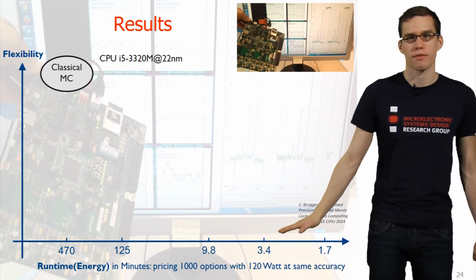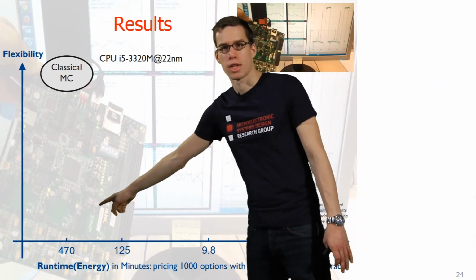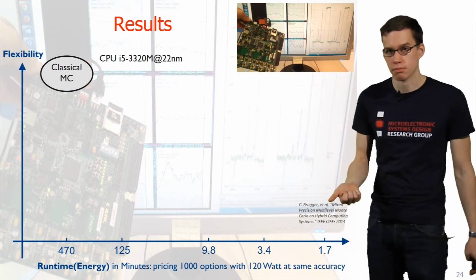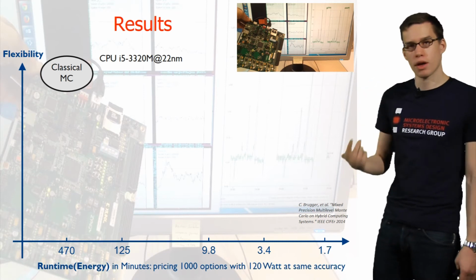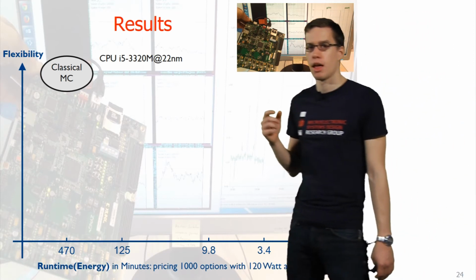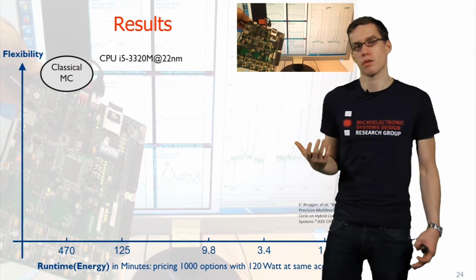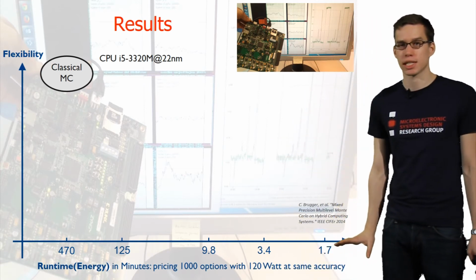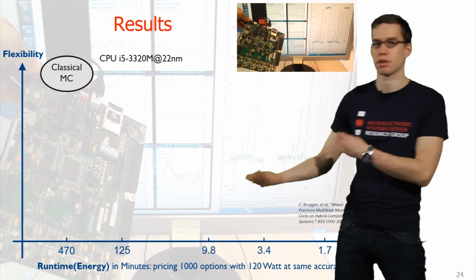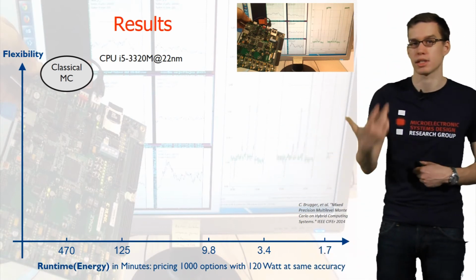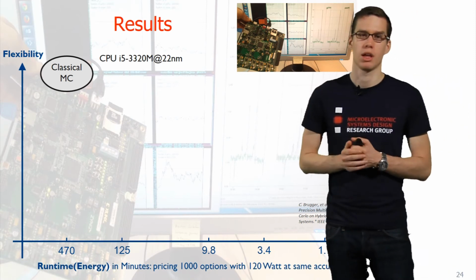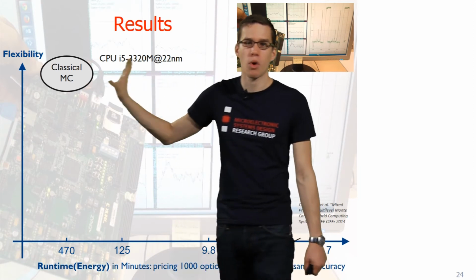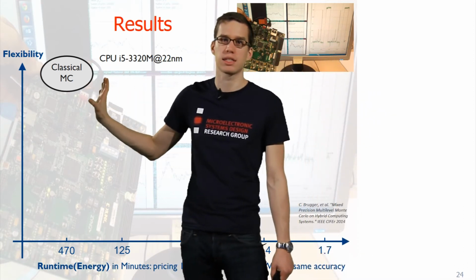And on the bottom, we have the runtime, which is in minutes to price 1,000 options with 120 watts, so with the same power budget, and also at the same accuracy, because we are comparing different schemes, and we have to guarantee that they're using the same power and the same accuracy.